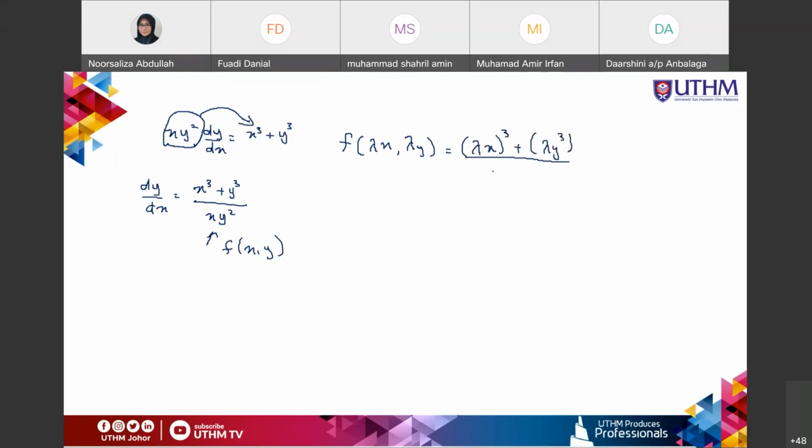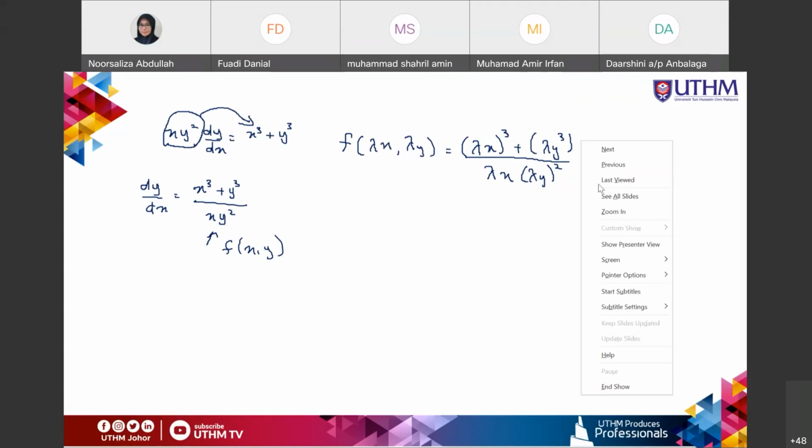divided by x. Can you see that each x and y, we add lambda here. Then we have lambda x power of 3, lambda y. Oh, sorry. This one, whole, everything is, ini semua bukan kat sini je.